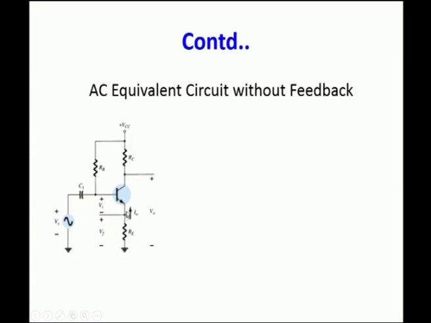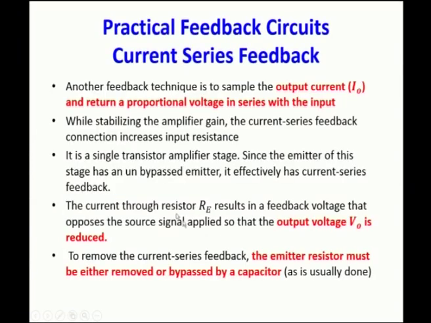What is the parameter which is given as the feedback to the input signal? The output current is taken, but the voltage proportional to the output current is taken as the feedback signal to its input. So, here it is a current series feedback.